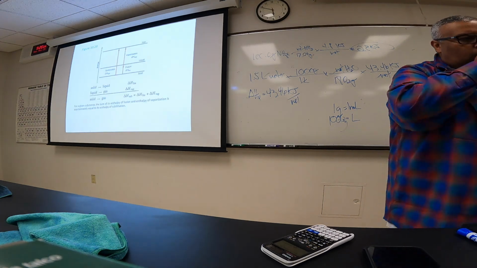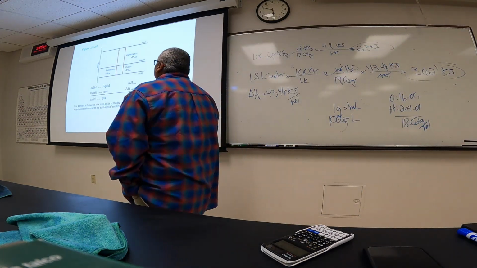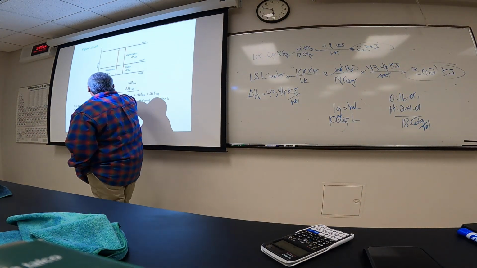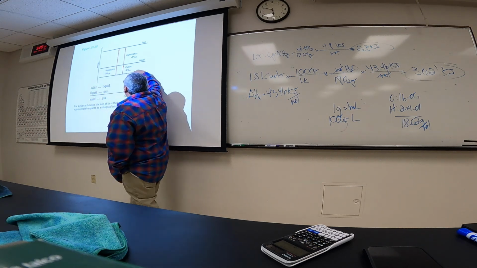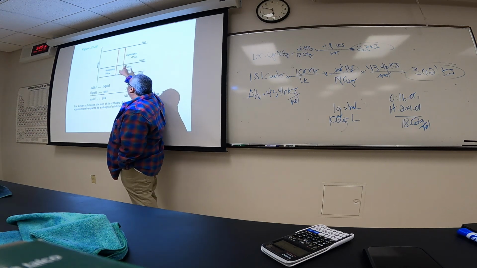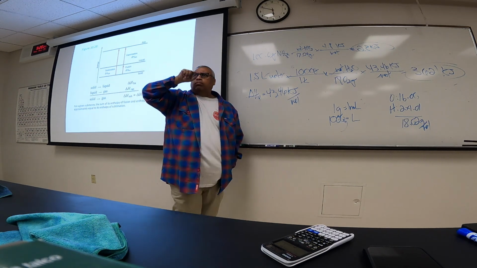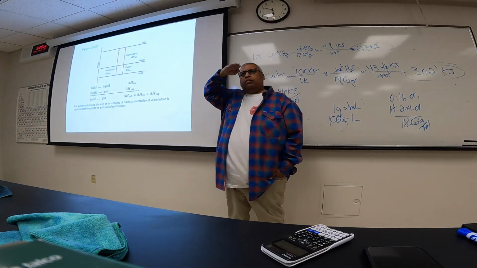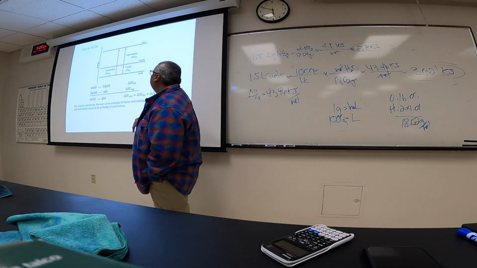So this here will show us sublimation. So here we go. Going from solid to liquid, we call that fusion, but this is just melting here. So melting from solid to liquid and then going from liquid to gas. And there's a certain amount of energy that's required there. Certain amount of energy to melt, certain amount of energy to vaporize.